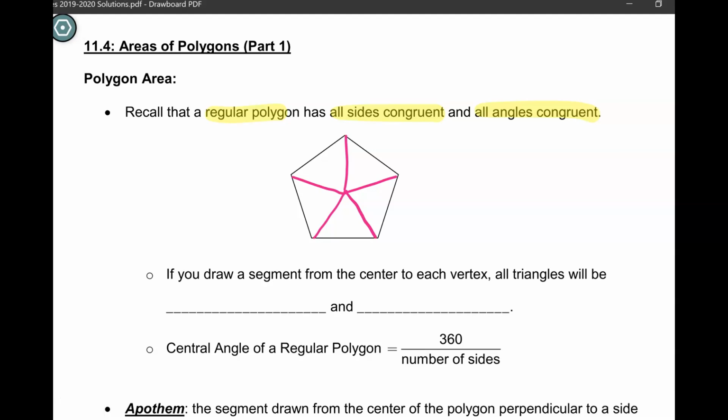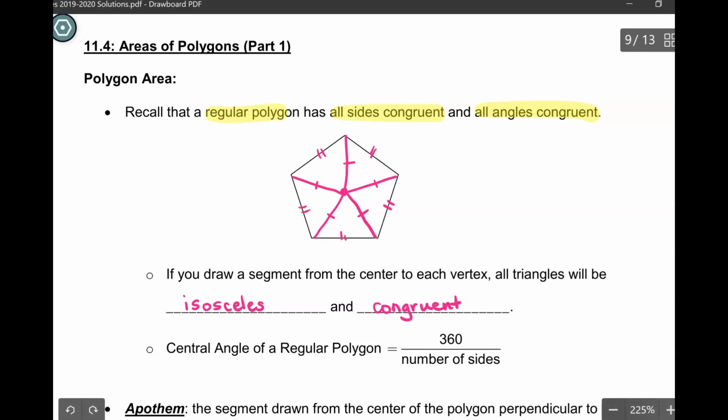All of these triangles will be isosceles, and they're all congruent to each other. Picture if there was a circle going around there. So these are all the radii, and since it's regular, we know all the sides are congruent. That's going to be true for any regular polygon.